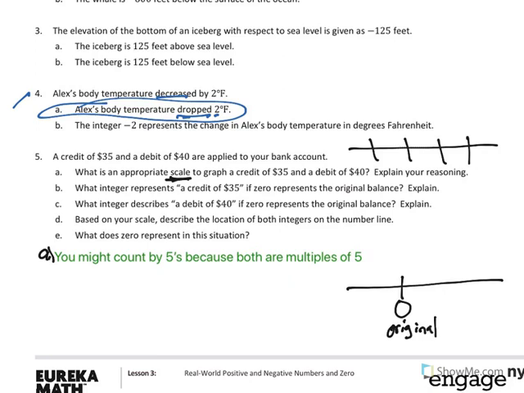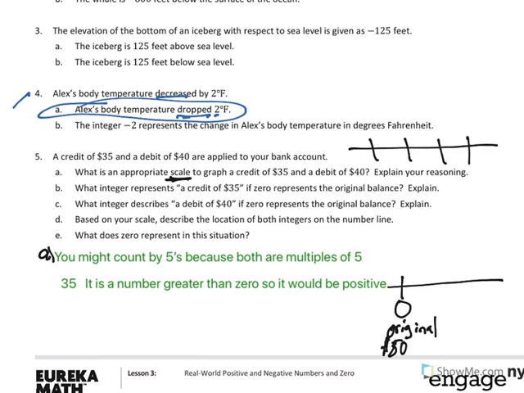So for example, if I had $50 in my account already, that would be my original amount of money, $50. And so based on that, if I had a credit of 35, what would the integer be? Positive or negative? Now, I've already given you that answer, but let's see if you have it anyway.